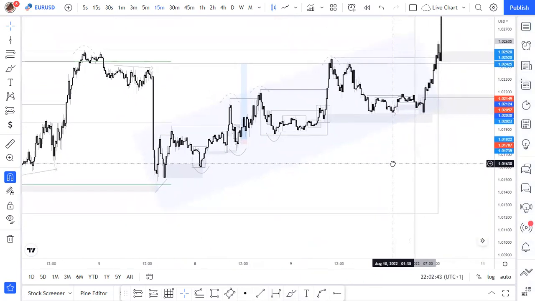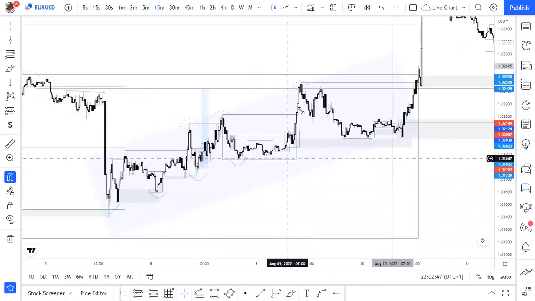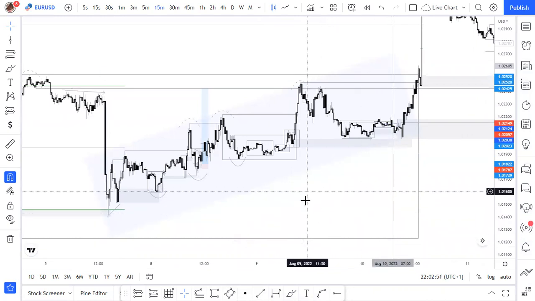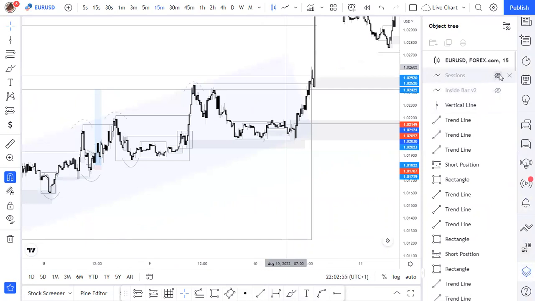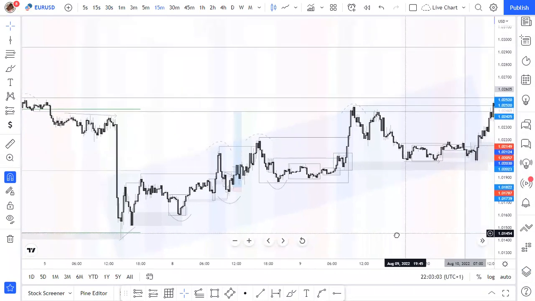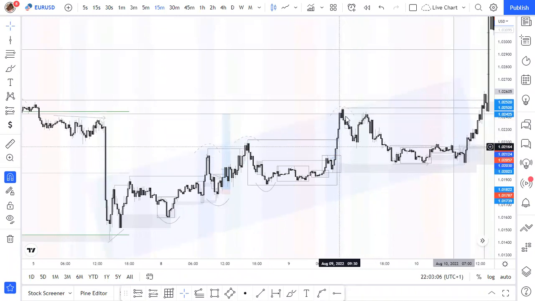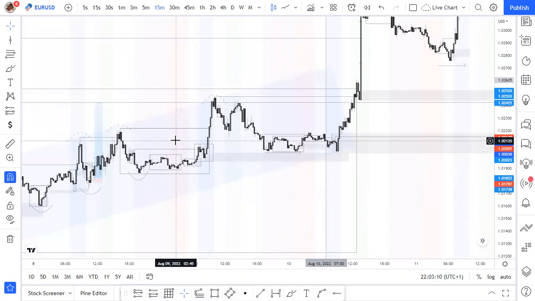Wednesday morning, we already had this breakout structure, this Wednesday morning London session. So I need to add this session so I would know the exact day I'm talking about. So, yeah. Wednesday morning, sorry, we already had this breakout structure here.